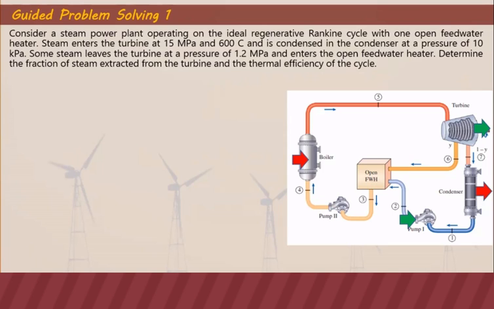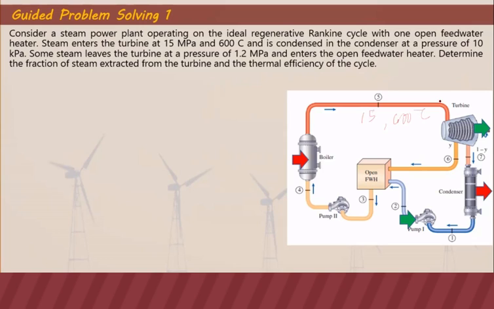So for the schematic diagram of an ideal regenerative Rankine cycle with one open feed water heater, this is how it would look like. We have the steam entering the turbine at point 5 at a given pressure of 15 megapascal and 600 degrees Celsius.